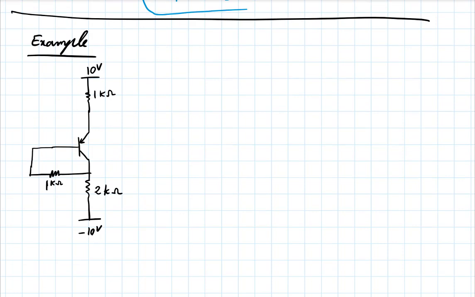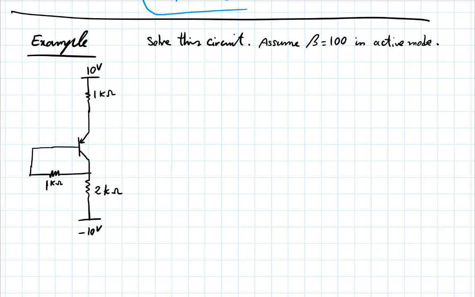Again, assume a beta of 100 in active. Let's try. Let me call this IC, IB, IE.